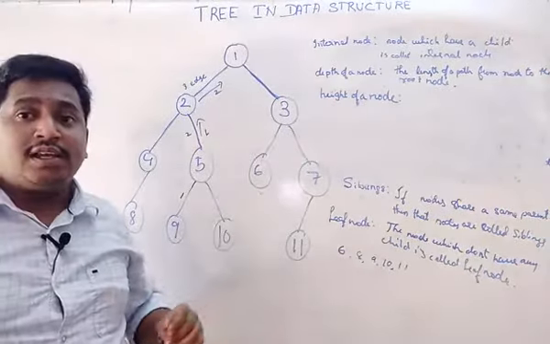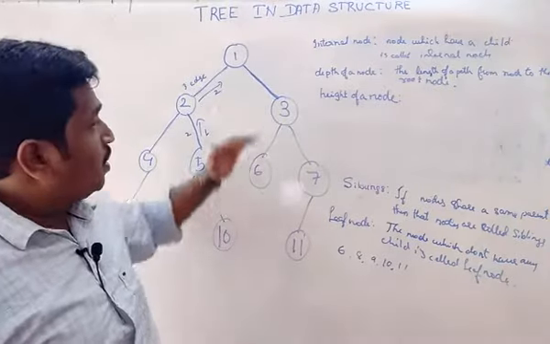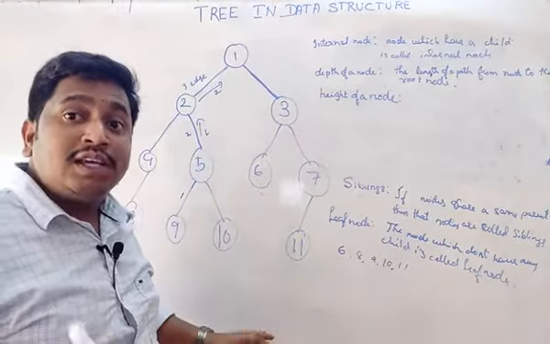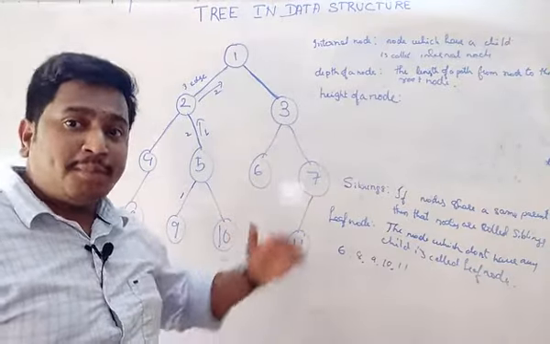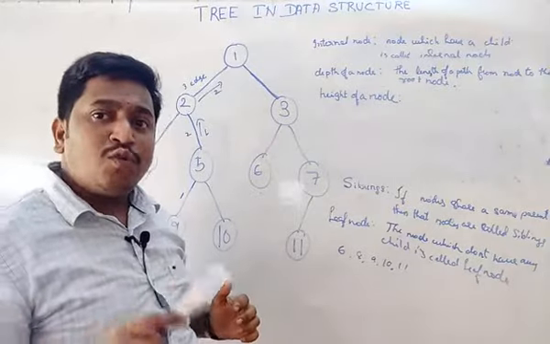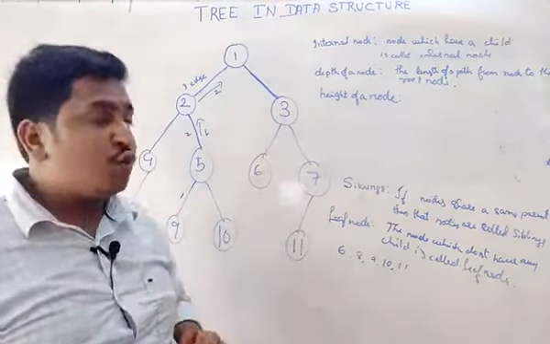Here it is also the length of a path from the node to a leaf node, but here we will take the longest path. The longest path from the node to the leaf node is known as the height of a node.